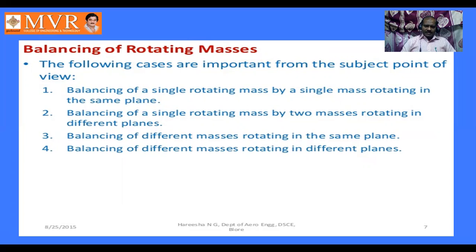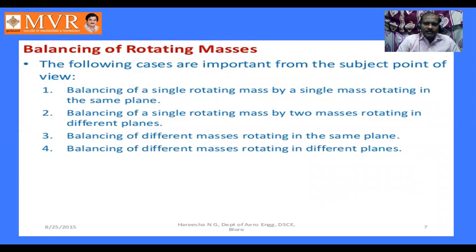Balancing of different masses rotating in the same plane. Balancing of different masses rotating in different planes. These are the four possible methods that we can go for in balancing a system.